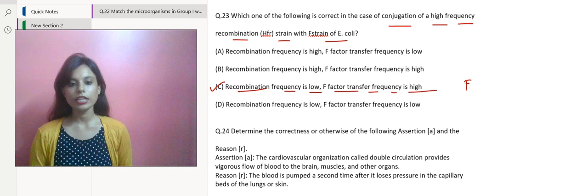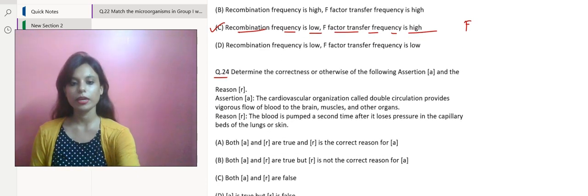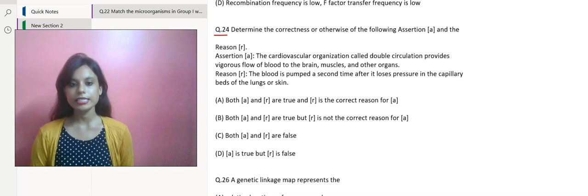Let's move over to the next question. That is question 24, and it says there is an assertion and there is a reason for it. Determine the correctness or otherwise of the following assertion and the reason.